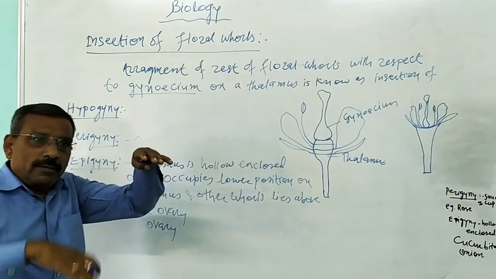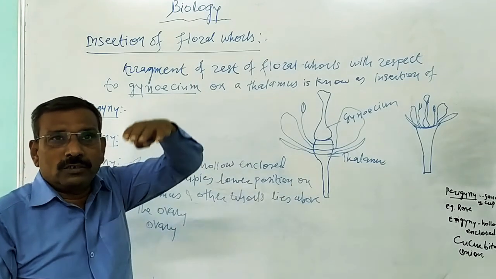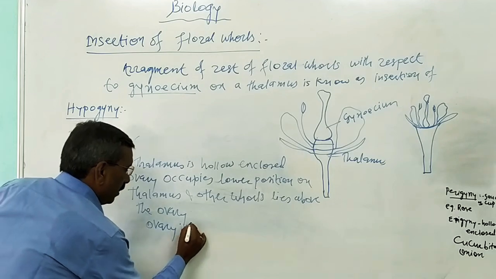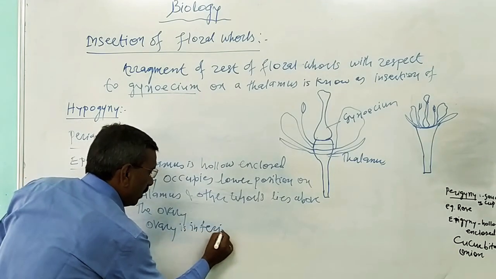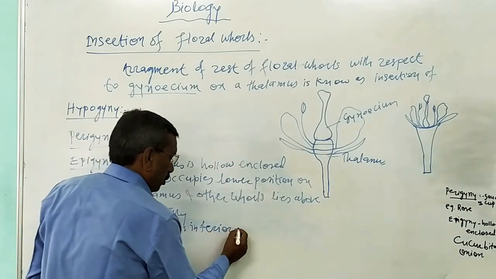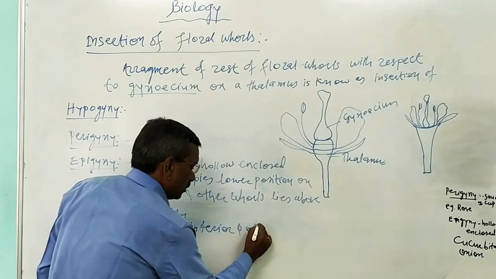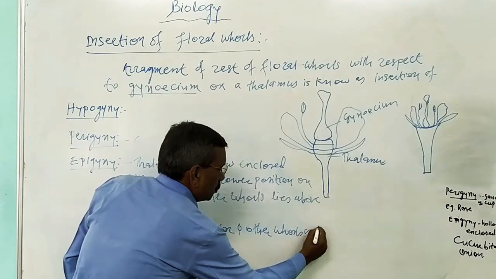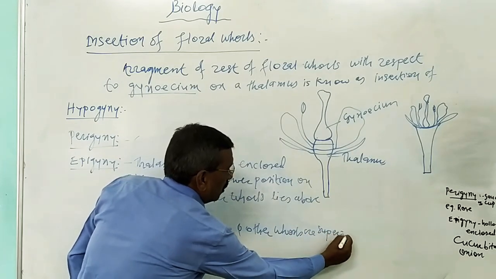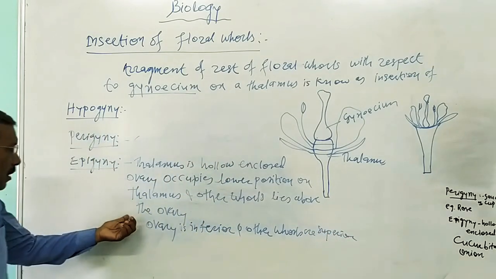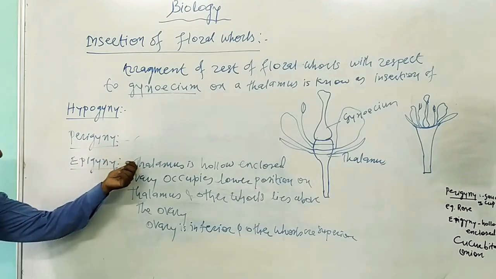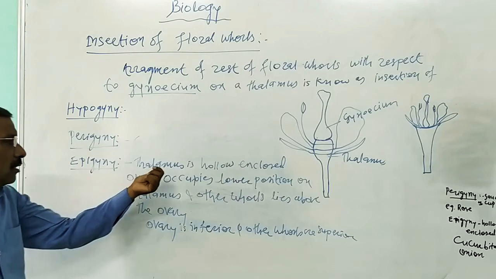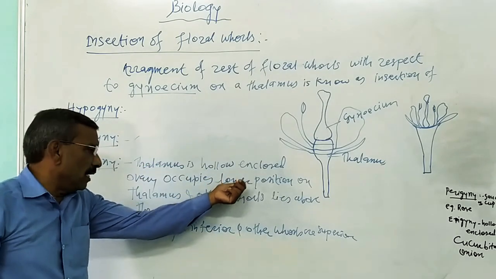The ovary will be below and the other floral whorls will come from above it, so that is called ovary is inferior. And the other floral whorls are superior. In this way, in case of epigyne, the thalamus is hollow and enclosed. The ovary occupies the lowermost position on the thalamus.